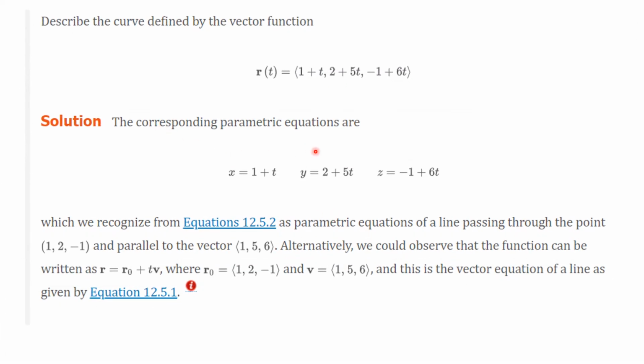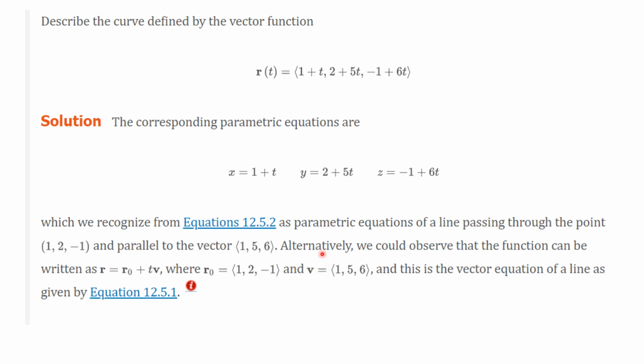Well, the curve's parametric equations then are x is equal to 1 plus t, y is equal to 2 plus 5t, and z is equal to minus 1 plus 6t. So you see that this is a line. This is a parametric equation of a line passing through the point (1, 2, minus 1) and parallel to the vector bracket 1, 5, 6.